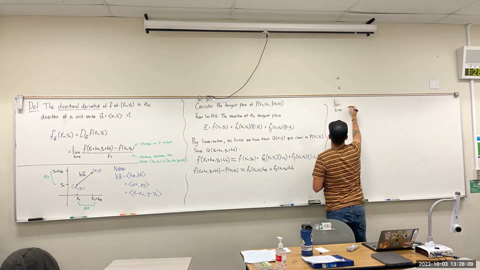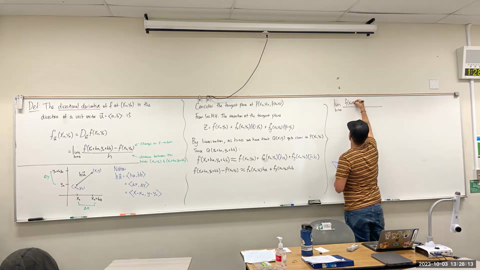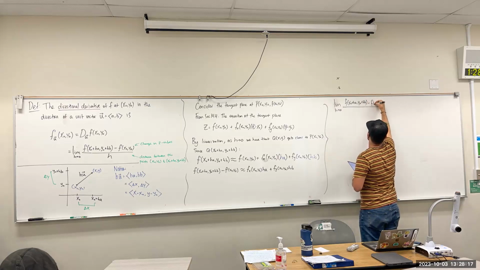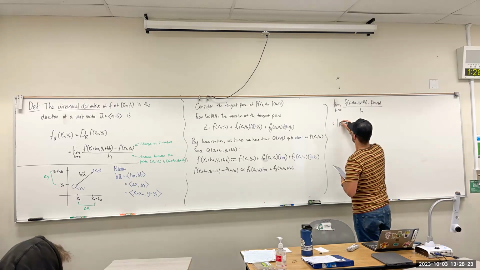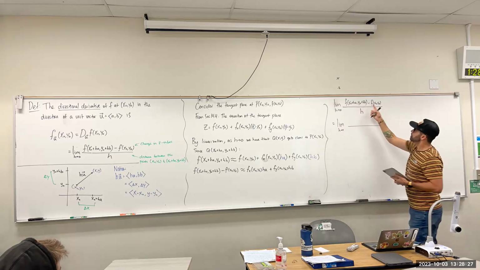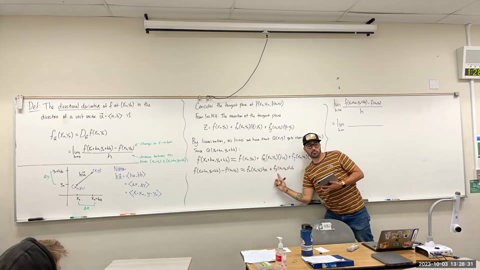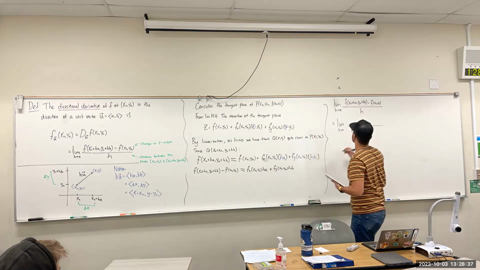The limit as h goes to 0 of f of x naught plus ha, y naught plus hb, minus f of x naught, y naught, over h. Well, this numerator becomes this expression here, because those points are just going to keep getting closer and closer together, so the limits are going to be equal to each other.